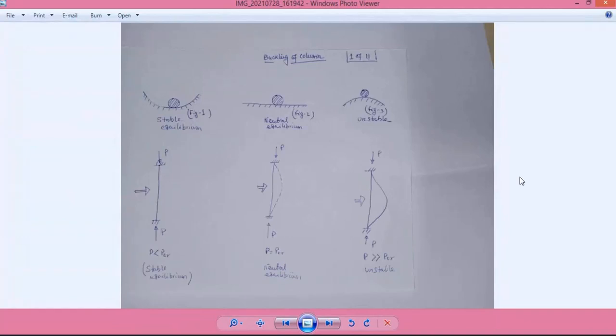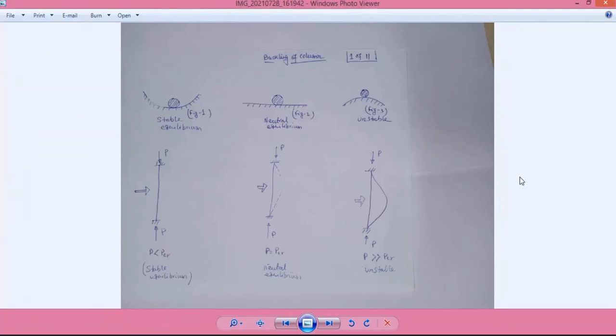Next, third figure, if the P value of compressive force is greater than P-critical, the column will fail or become unstable. Okay, this P-critical is called the critical buckling load of the column.